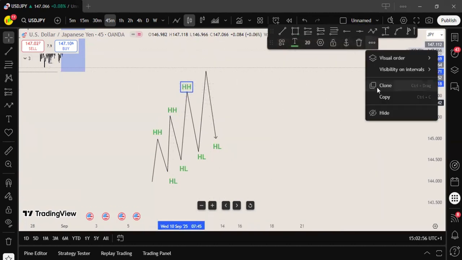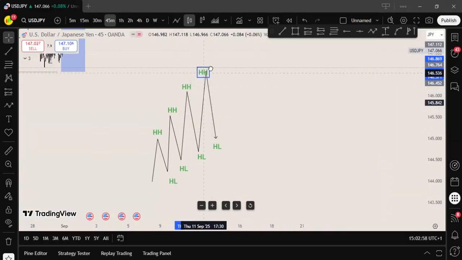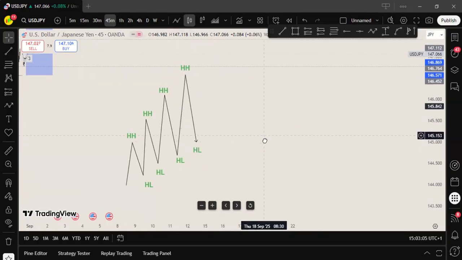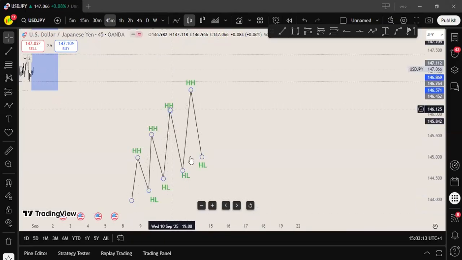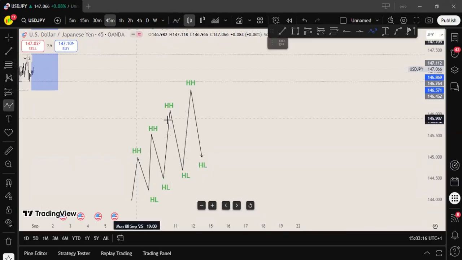But the types of market are the bullish market, the bearish market, and the consolidating market. The market structure we actually have is higher highs, higher lows, higher highs, higher lows. Now, this is for the bullish market.